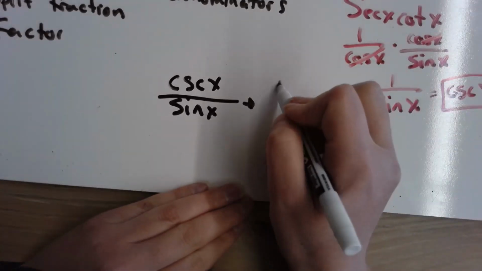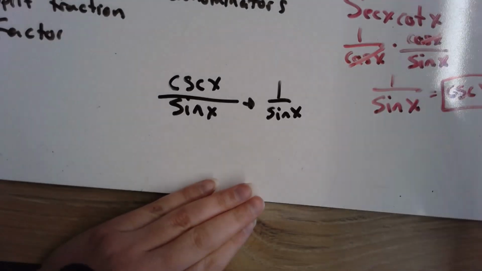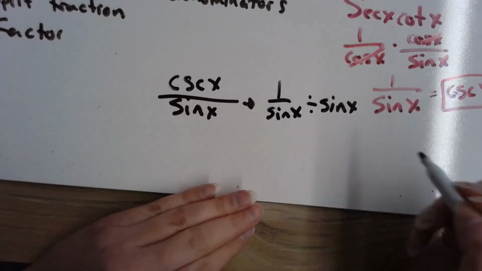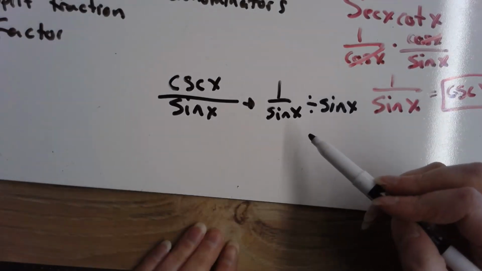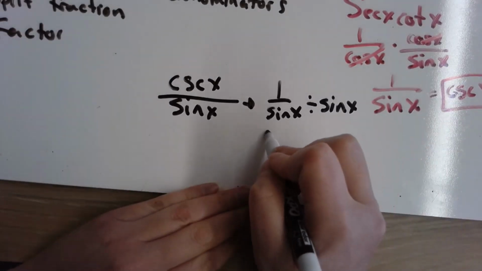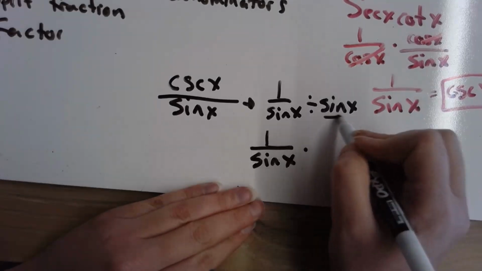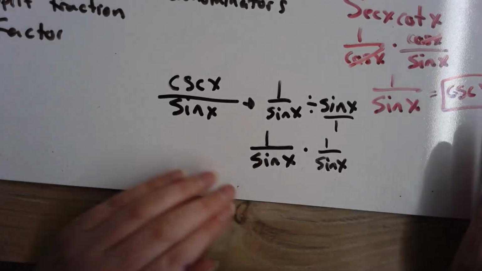So cosecant is 1 over sine x, and that's actually being divided by sine of x, right? Cosecant x divided by sine x. So 1 over sine x divided by sine x. So if I keep this, change that division to multiplication, that becomes 1 over sine x.